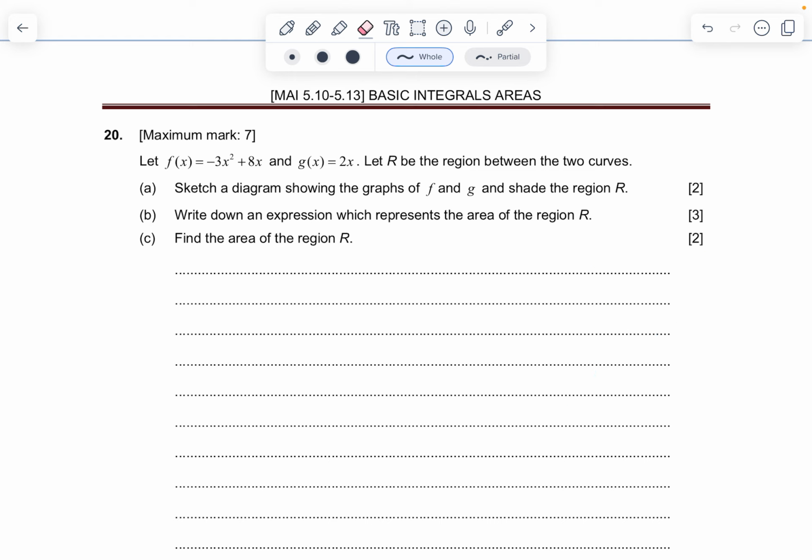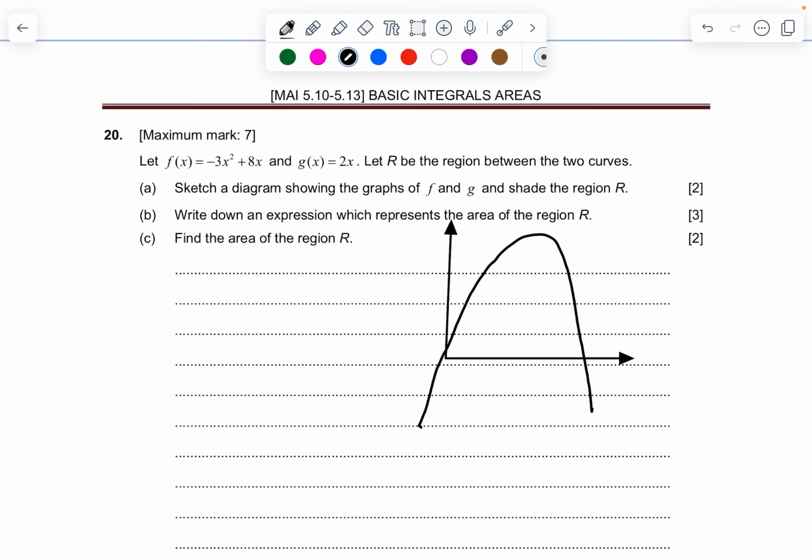I'm going to graph negative 3x squared plus 8x and y equals 2x. So I'm going to get a graph. This is negative 3x squared plus 8x and y equals 2x. So I want to shade this region, and which is R.